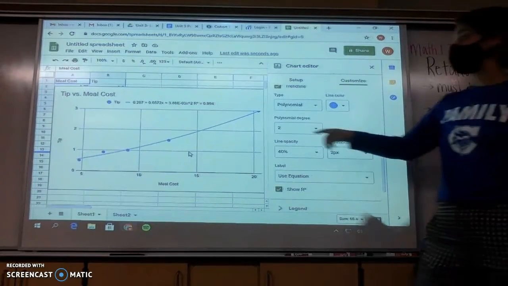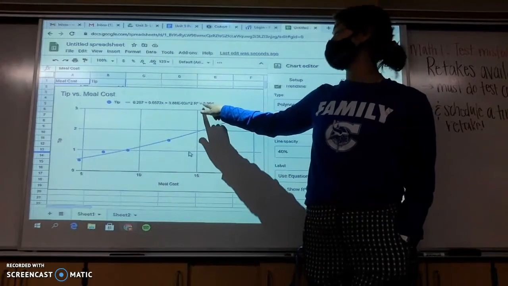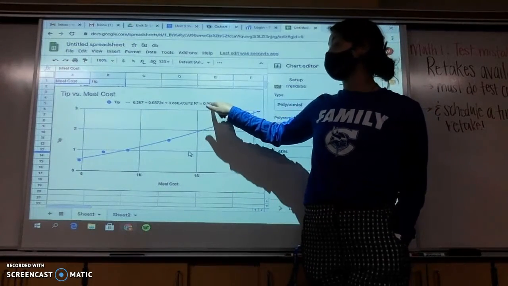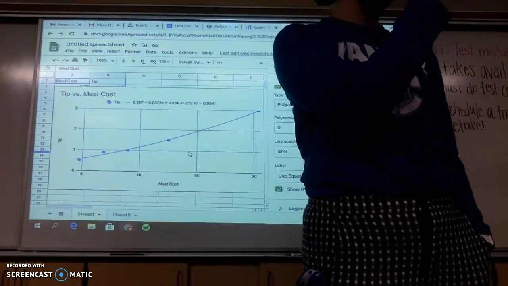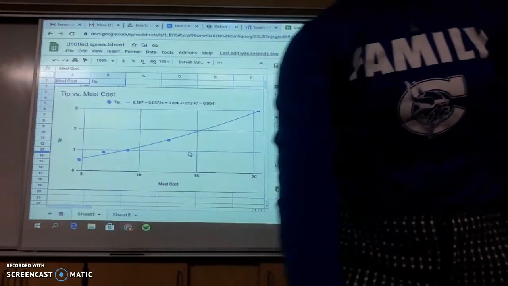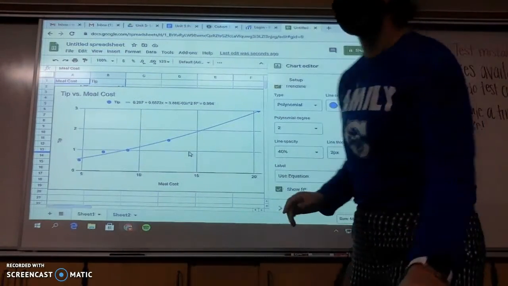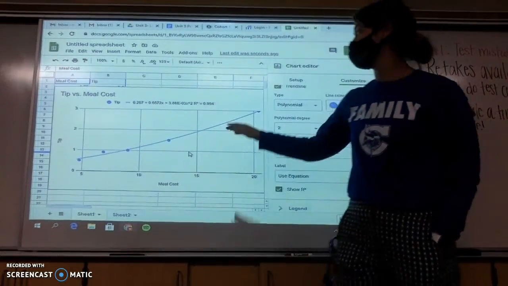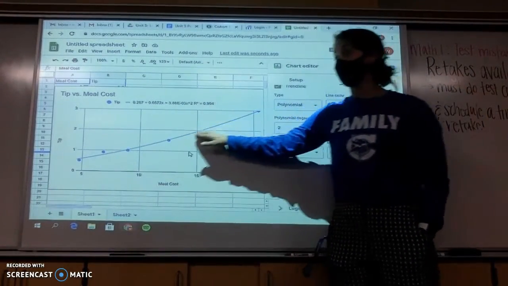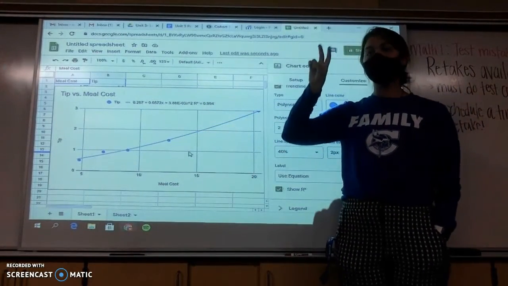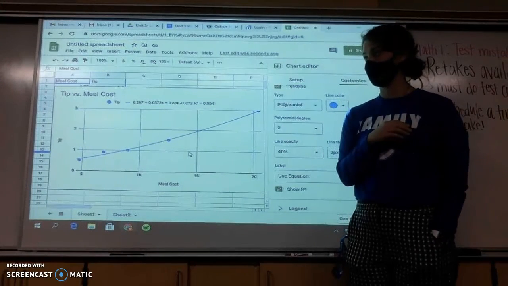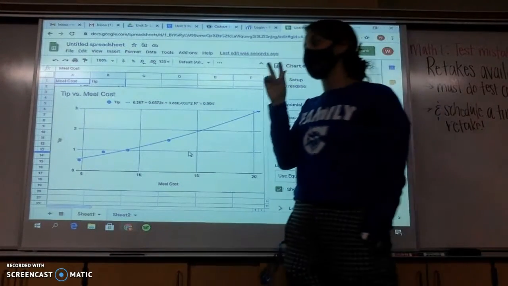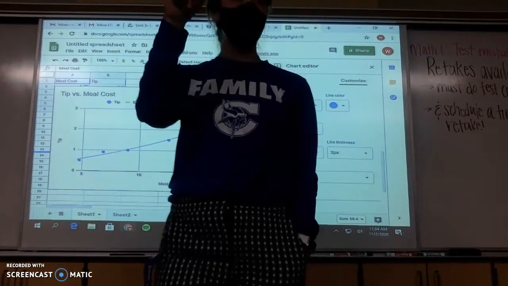We can see that my R score here is 0.994. That's even closer to 1, meaning that this quadratic line is a better best fit line than our linear line.